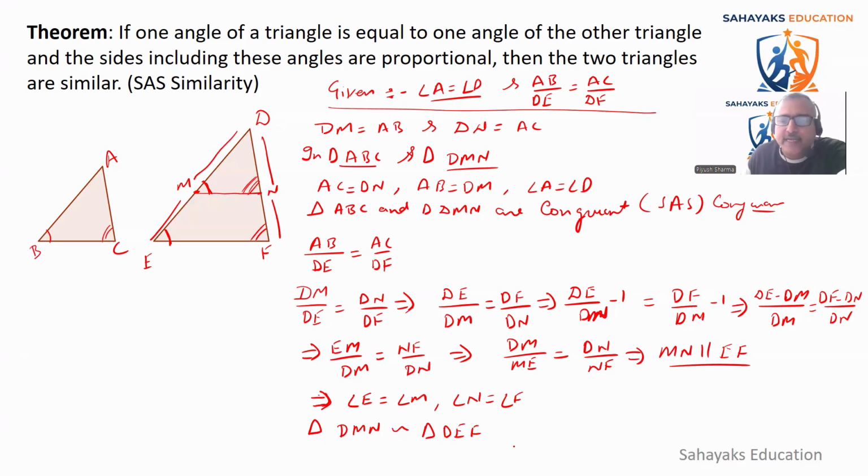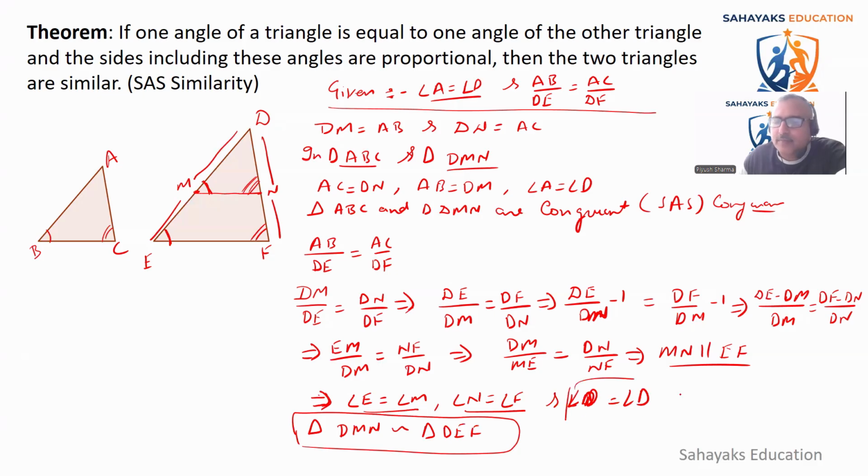Okay, as all three angles are equal, angle E is equal to angle M, angle N is equal to angle F, and angle D is equal to angle D, common. So this angle is common. But triangle DMN is congruent to triangle ABC.